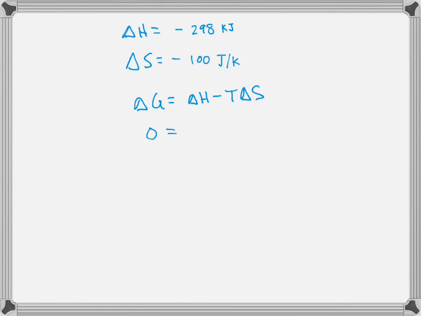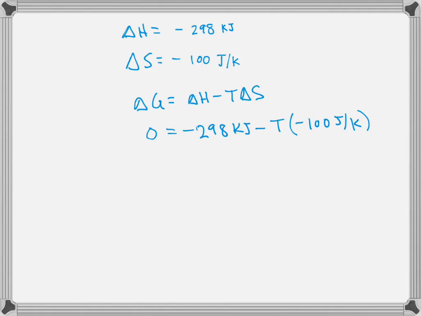And now we could just plug in our numbers. 298 kilojoules minus our temperature, which we don't know. We'll go through this with standard units. Sorry, I'm used to writing moles. Okay, and we could go through and solve for temperature. What's the first easiest mistake to make? Units.